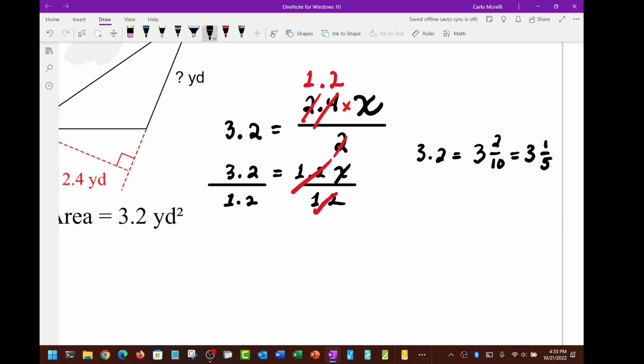Okay. And then 1.2 equals 1 2/10, which equals 1 1/5.